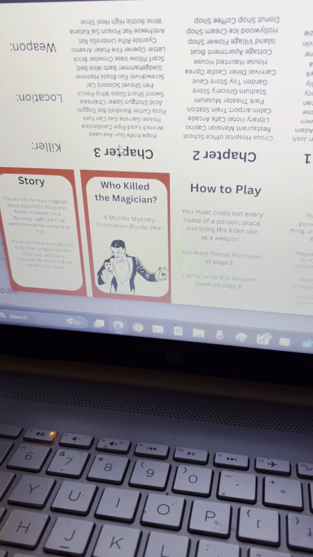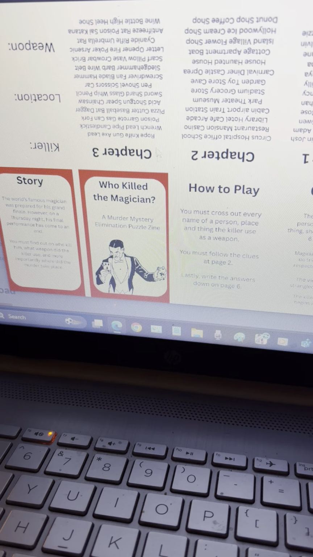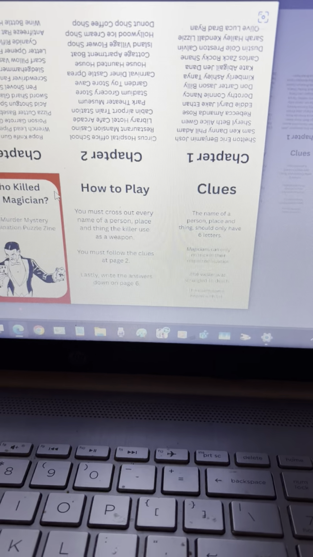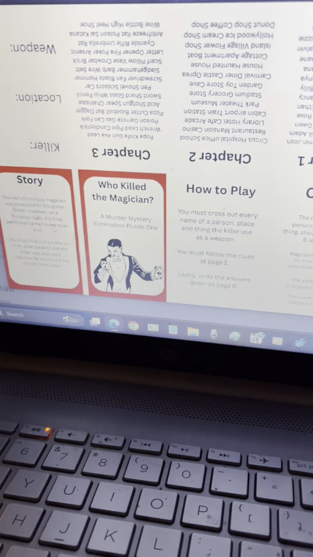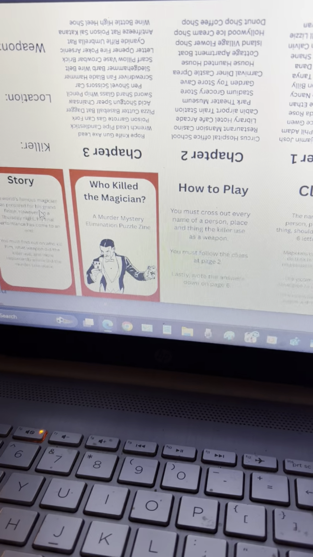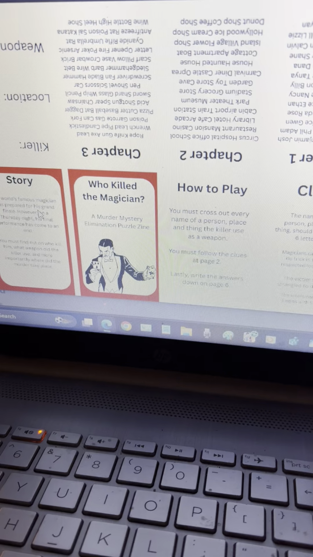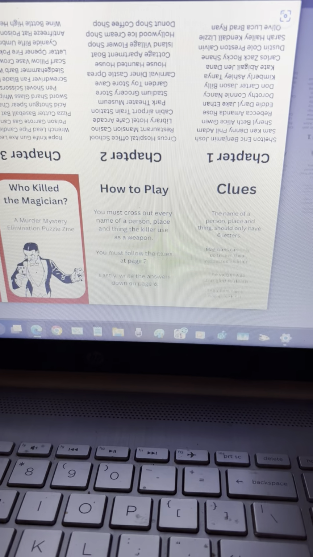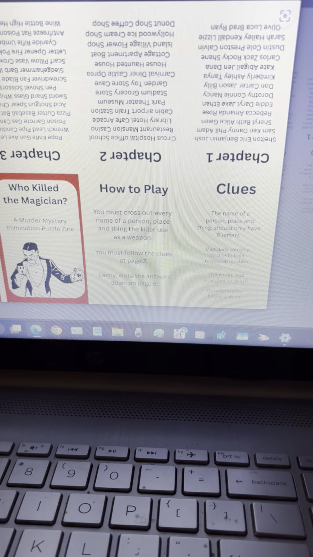Now, I wanted to clarify that this is an 8-page zine, which contains the front and the back cover. The back cover contains a little bit of a story, even though there's not much to it, but basically it tells you something about what the victim is doing before they got axed off, if you know what I mean.